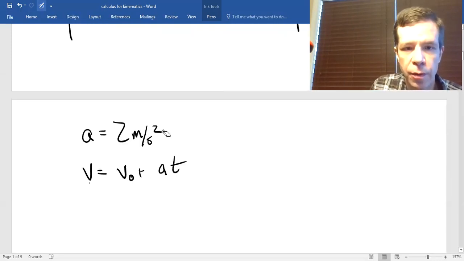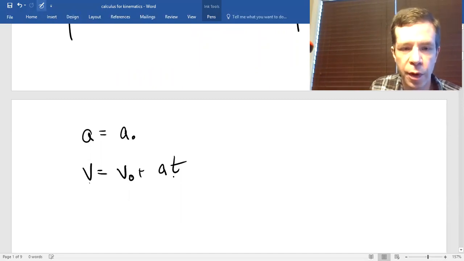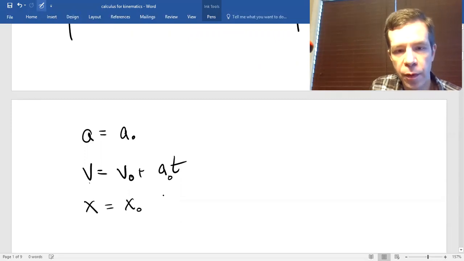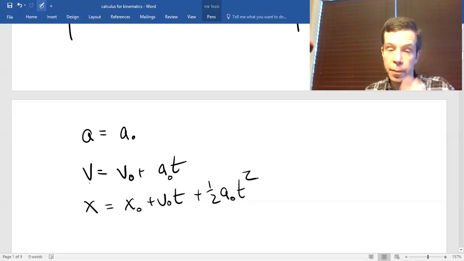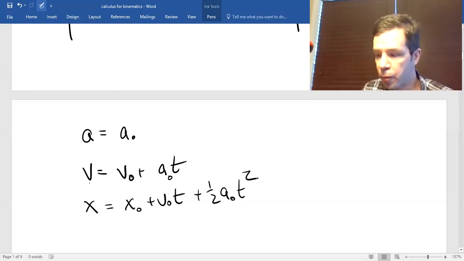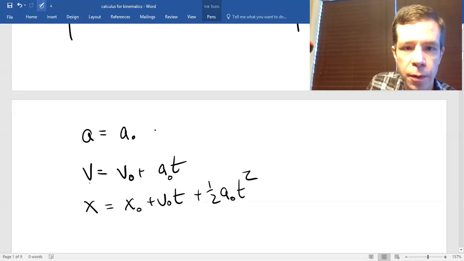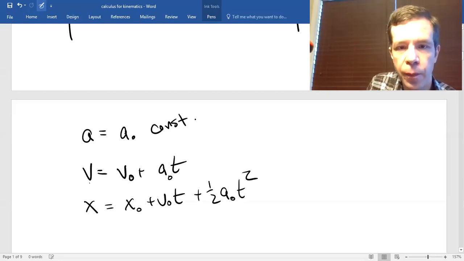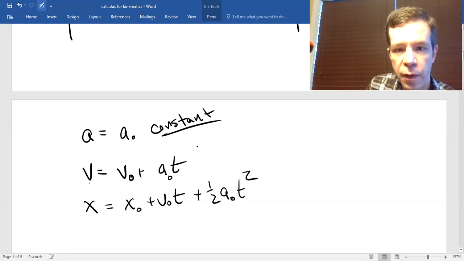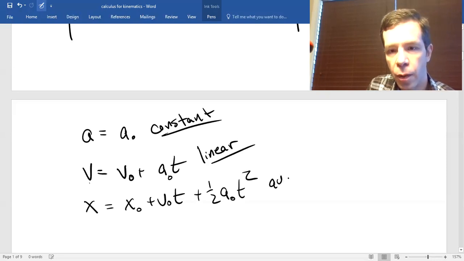So let's do it in general, just some a, which is constant. When we integrate again, we get x is x0 plus v0 t plus 1/2 a t squared, just from integrating. Well, for our constant a, we see that this is a linear equation and a quadratic equation.